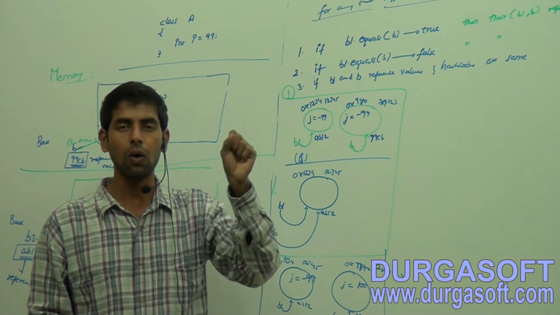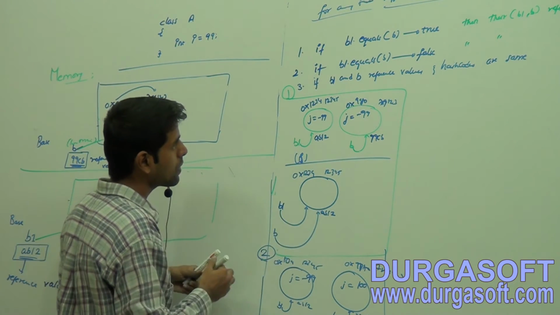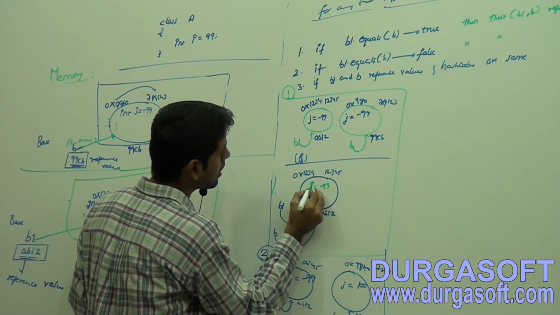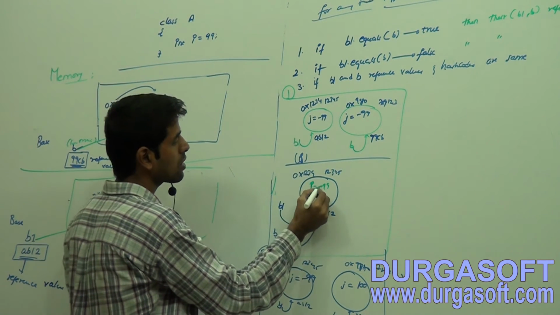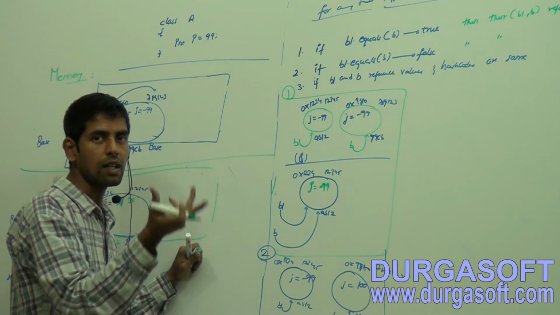So now what happens to the equals method? The equals method always returns true only. Observe here, b1 dot equals of b. Here the j value will be -99. It will always check the content of these two, this one object only, so always true.